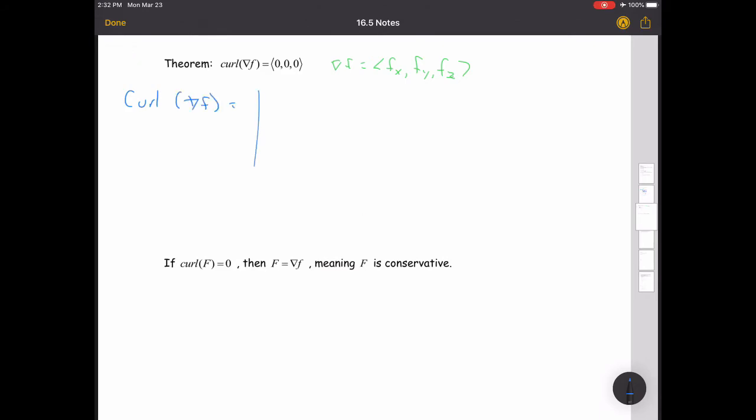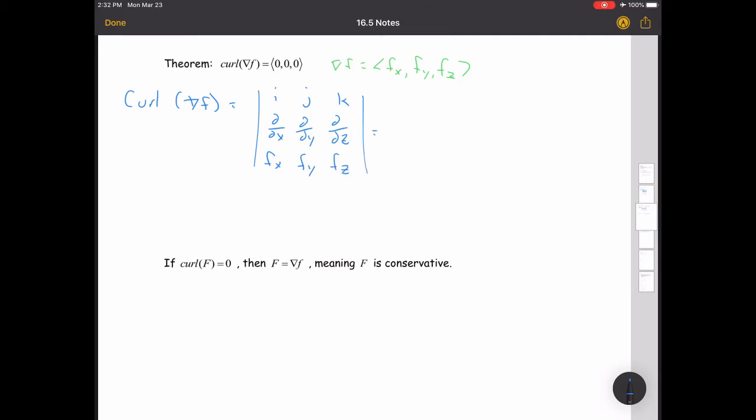Well, let's set it up, and hopefully you should see why this works pretty quickly. i, j, k. So this is going to be partial of x, partial of y, partial of z. Remember, those are operators. And then I'm going to have the partial of x, partial of y, partial of z.